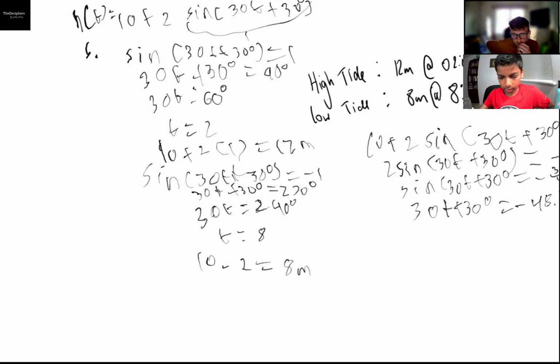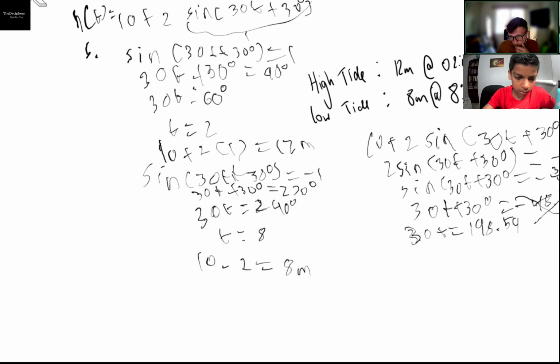But that's negative, so we actually want 180 minus that, which is 228.59. So 30t is 198.59.